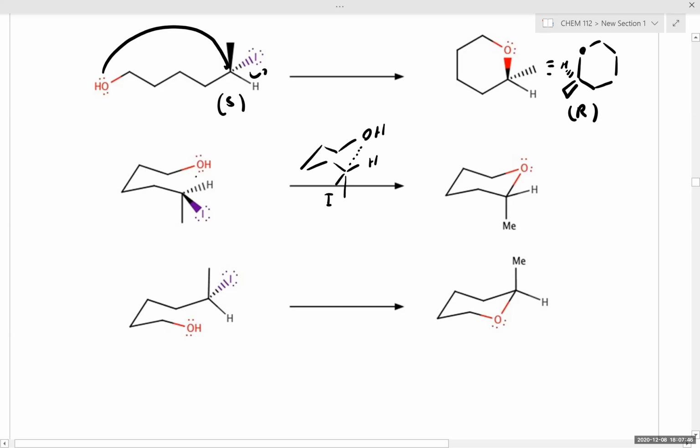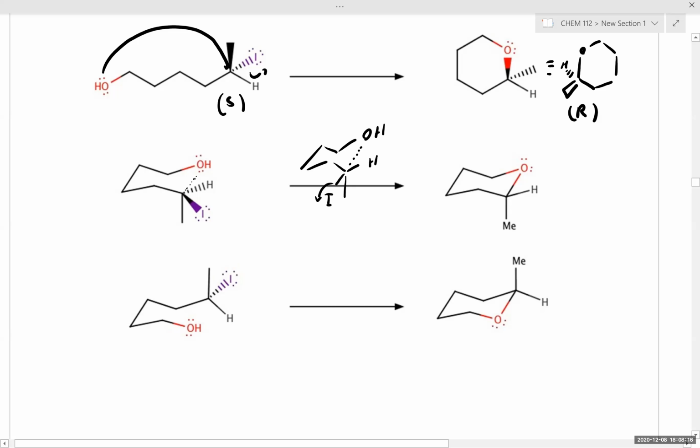Does everyone see that our nucleophile is set up exactly opposite to our leaving group? So it's important to appreciate this geometric constraint for the Sn2 reaction. Remember, the nucleophile always attacks opposite to our leaving group. So as a result, generally you'll see that the reactive conformation sets up our nucleophile opposite to our leaving group.